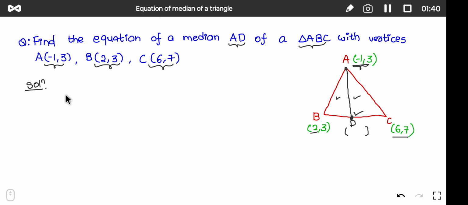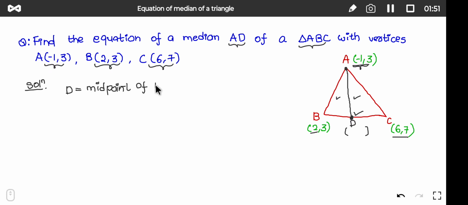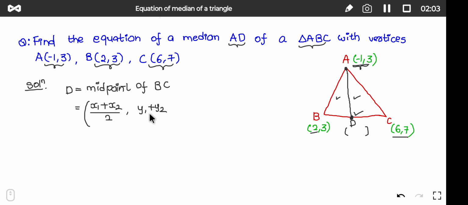To find the point D, D is equal to the midpoint of BC. So what is the midpoint formula? The midpoint formula is very simple: (x1 plus x2 divided by 2, y1 plus y2 divided by 2). What is x1, y1, x2, y2 in this case?